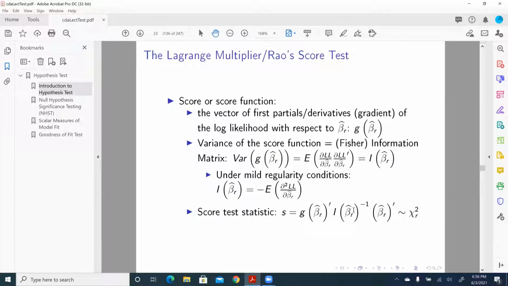And the score test statistic is equal to this thing.